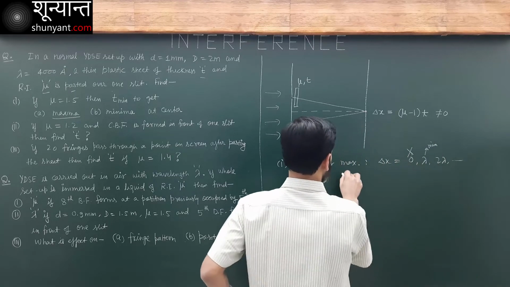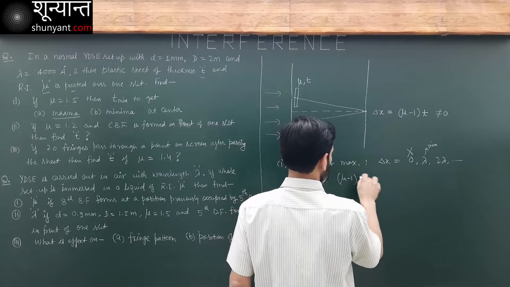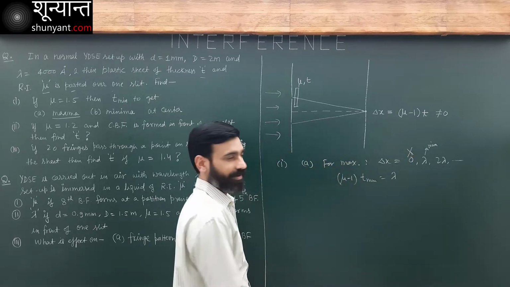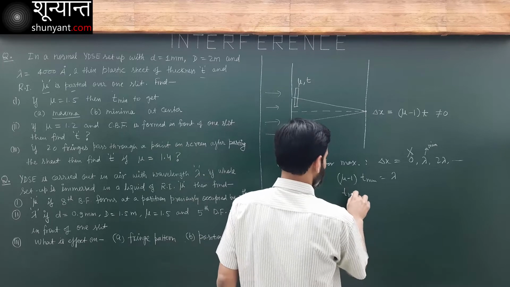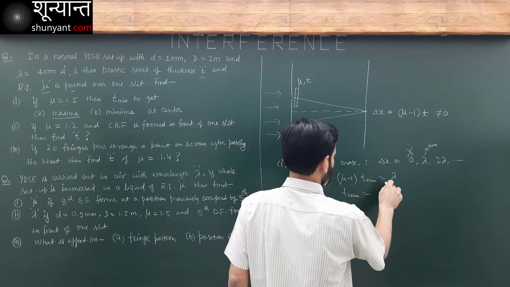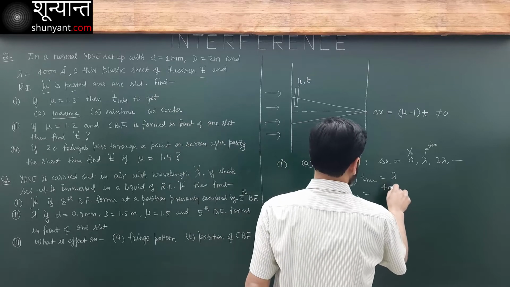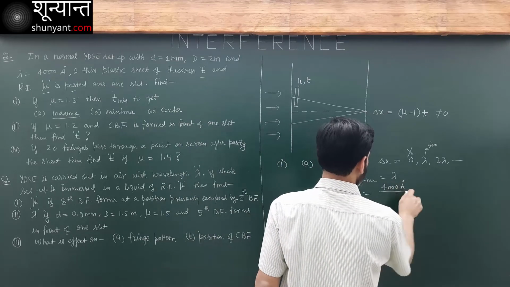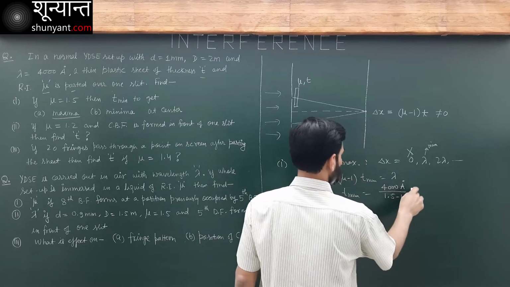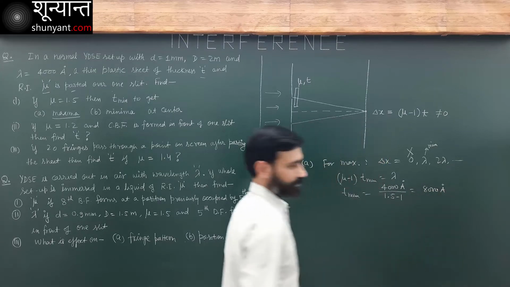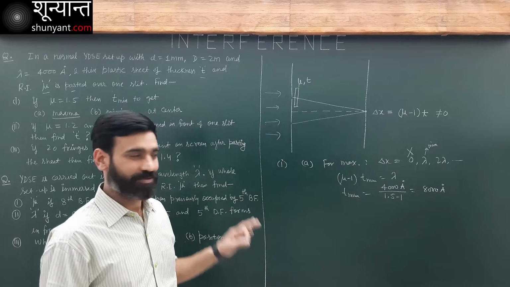That means (mu minus 1) times t minimum is equal to lambda. So t minimum is lambda over (mu minus 1). Lambda is given as 4000 angstrom, over 1.5 minus 1. This becomes 8000 angstrom. That's how we solve it.